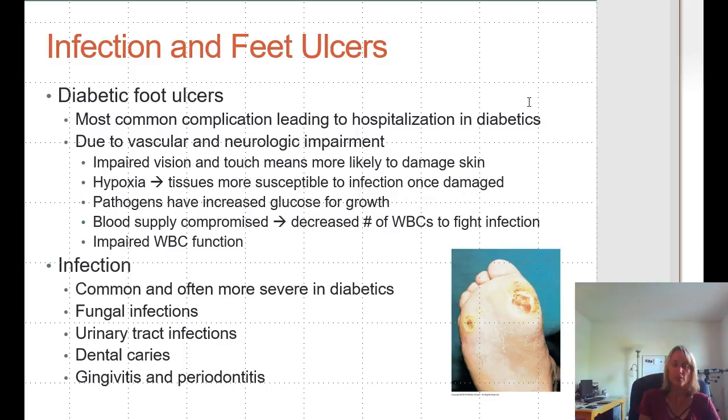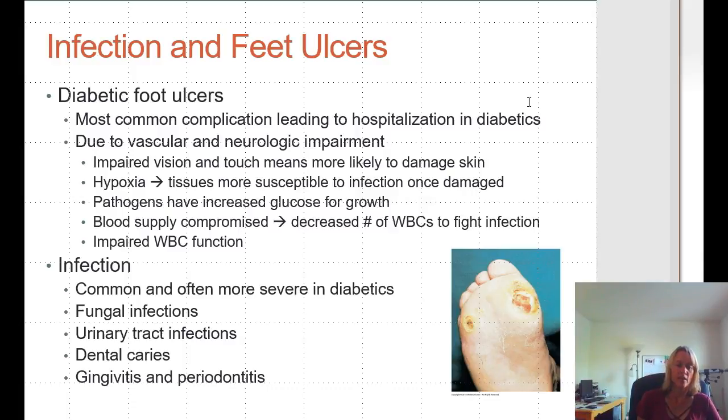Pathogens use glucose for growth, so bacteria can use the excess glucose in the blood for fuel. And the blood supply is compromised, so we're going to see a decreased number of white blood cells in the area to fight infection, and they have impaired function.